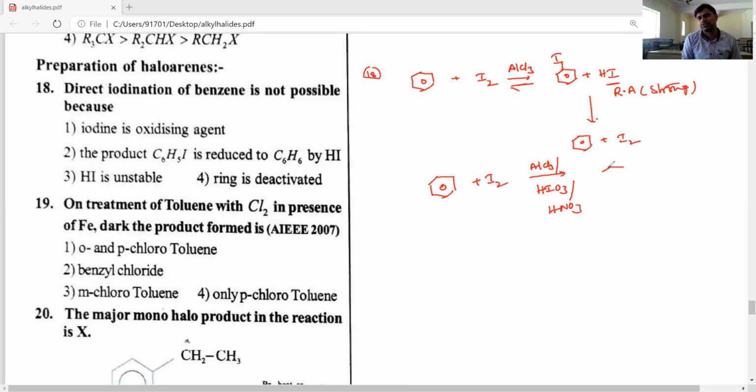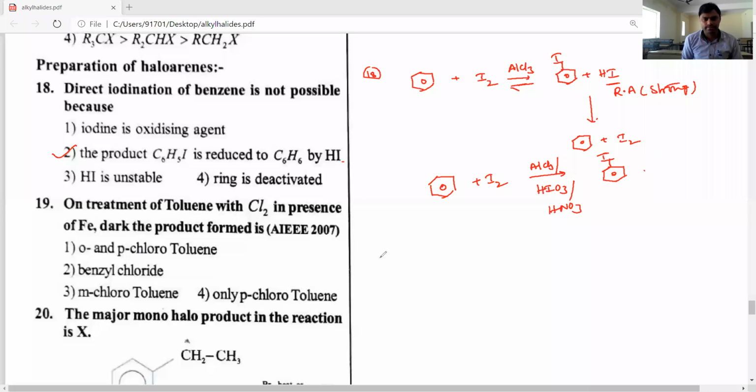Then only it produces iodobenzene. The byproduct HI is oxidized with HIO3 and converted into iodine. So what is the reason? The direct iodination is not possible because the byproduct HI reduces the product back to benzene and iodine. So the second option is correct.